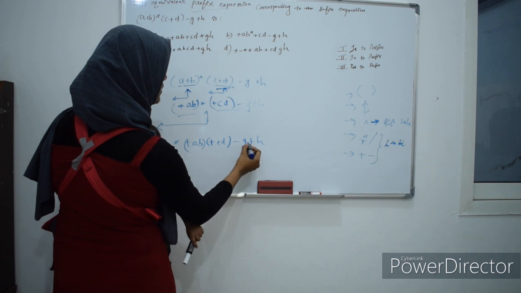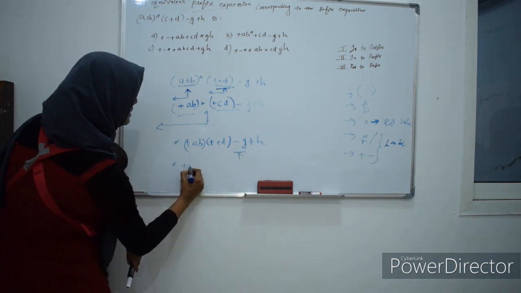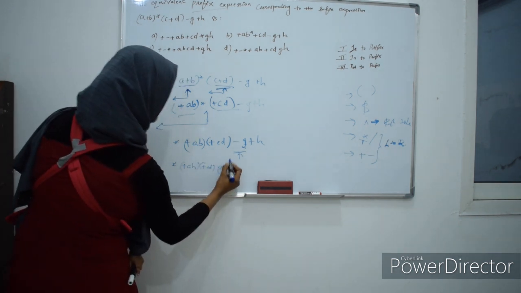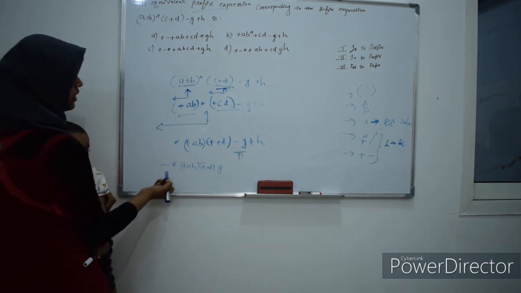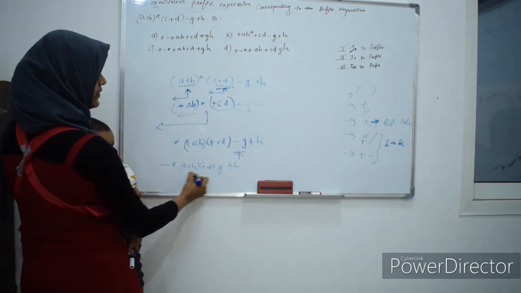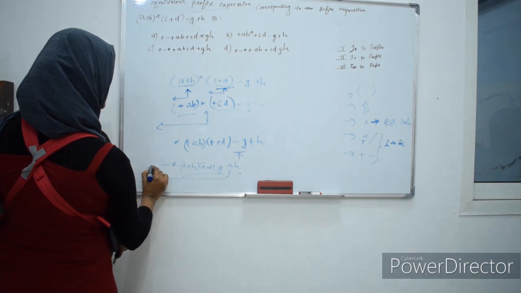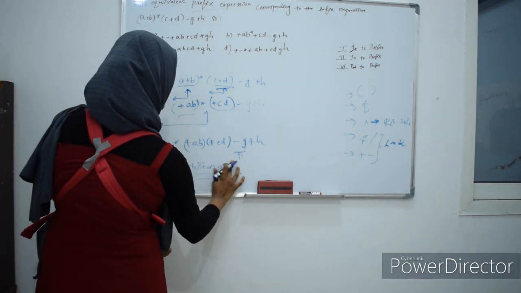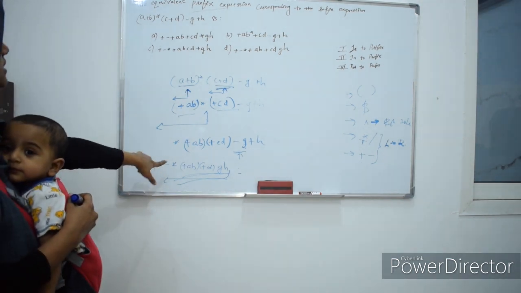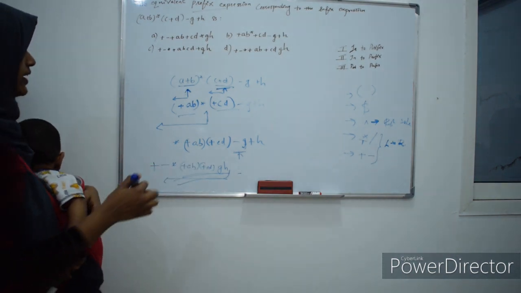So first we take the minus operator, moving it to the left of the operands: minus star plus AB plus CD, then plus GH. This is how we get the answer: minus star plus AB plus CD plus GH.